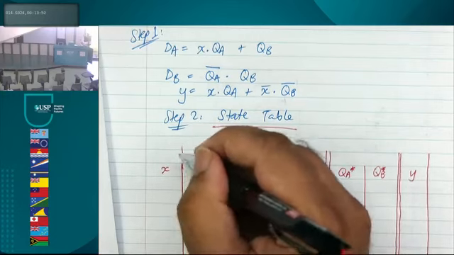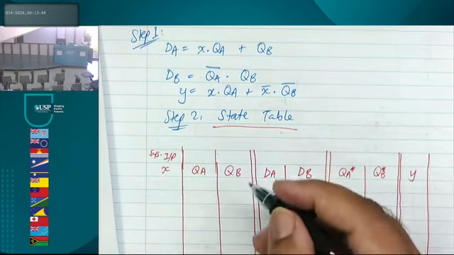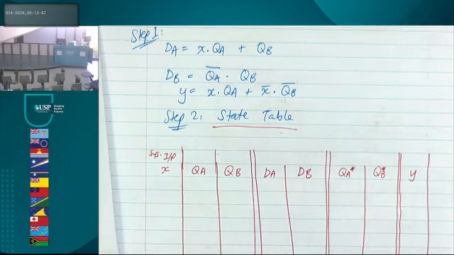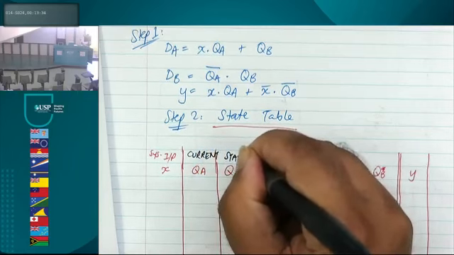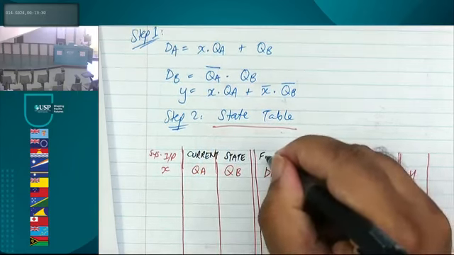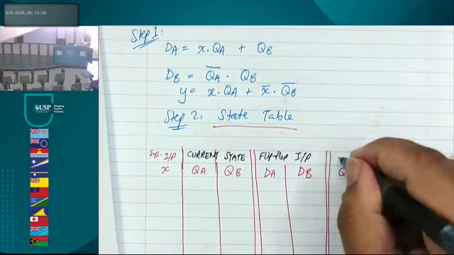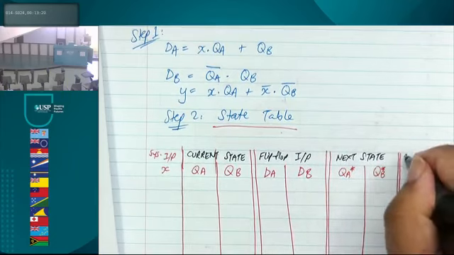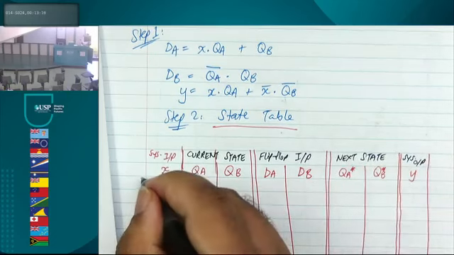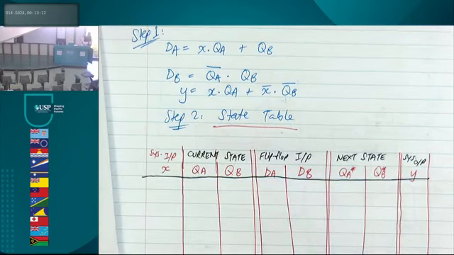Okay, so this is the system input. This is the current state. This is the flip-flop inputs. This is the next state. This is the system output. Okay, now how do we populate this side?